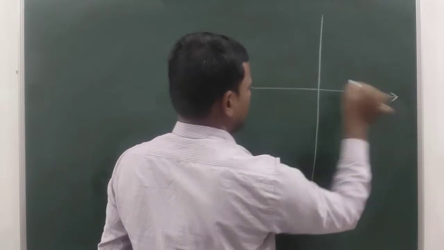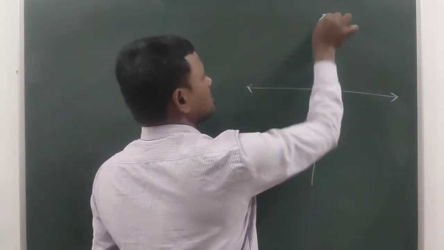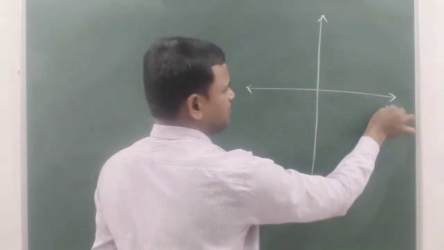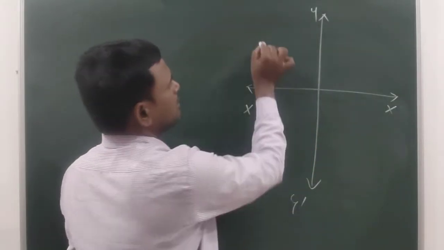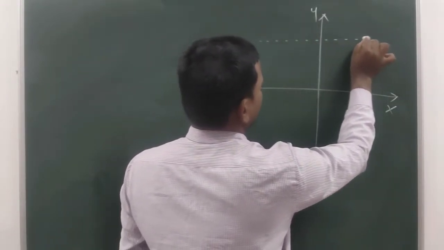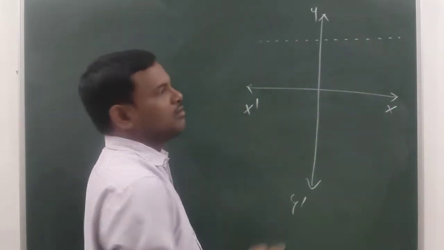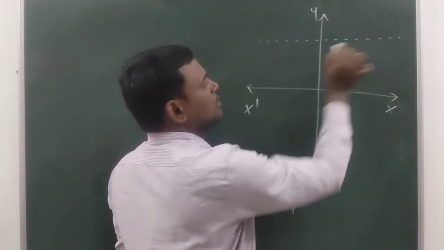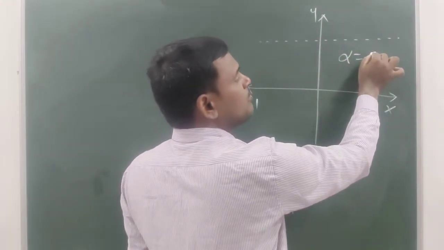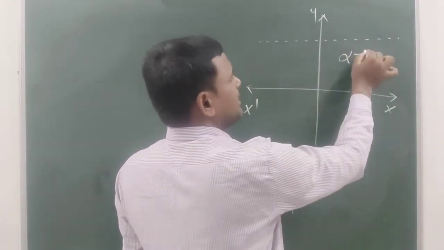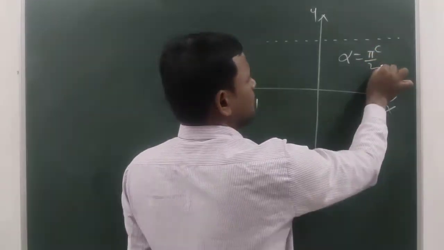So before going to that application, once again let us see the diagram. X dash, y dash. See, what is the angle of rotation for this horizontal line? Alpha equal to 90 degrees, pi by 2 radians.